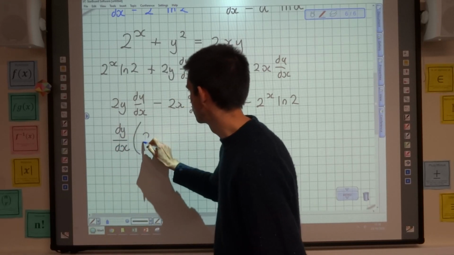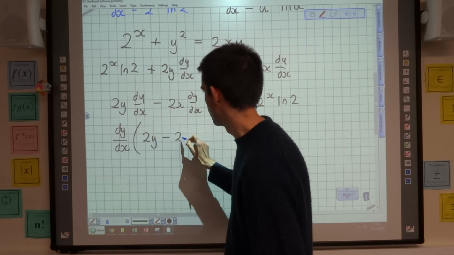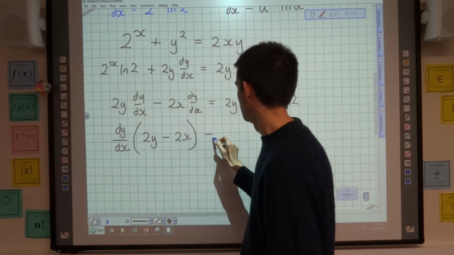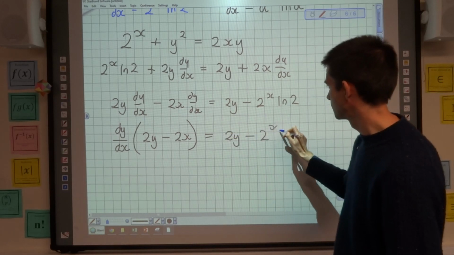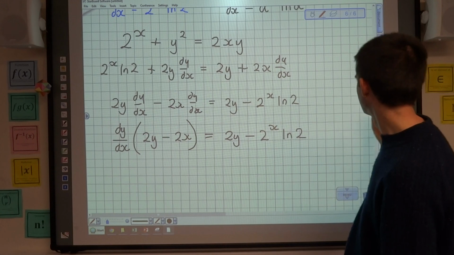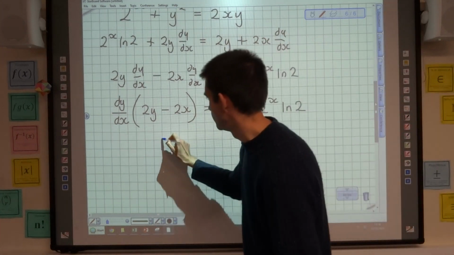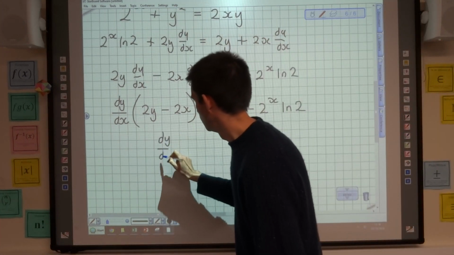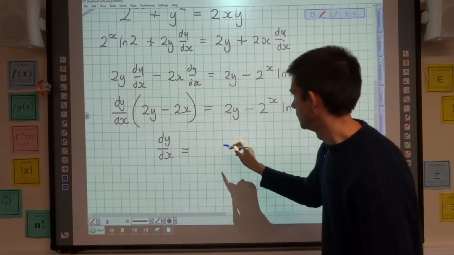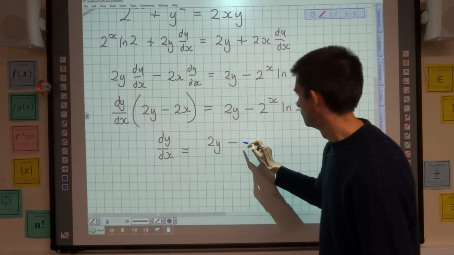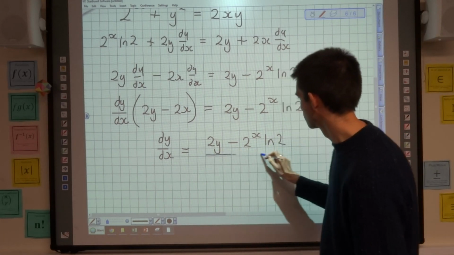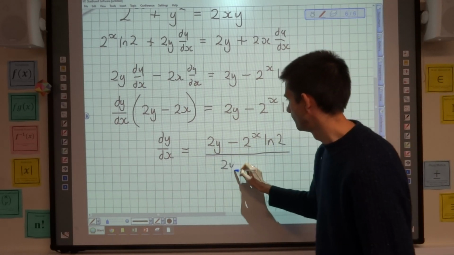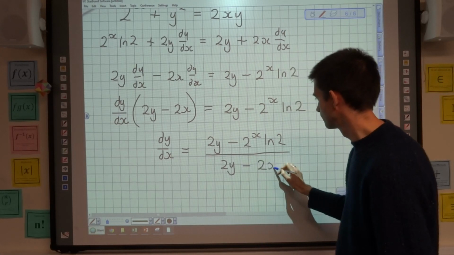So dy dx times 2y minus 2x equals 2y minus 2 to the x ln 2. And then dividing, we get that dy dx equals 2y minus 2 to the x ln 2, all over 2y minus 2x.